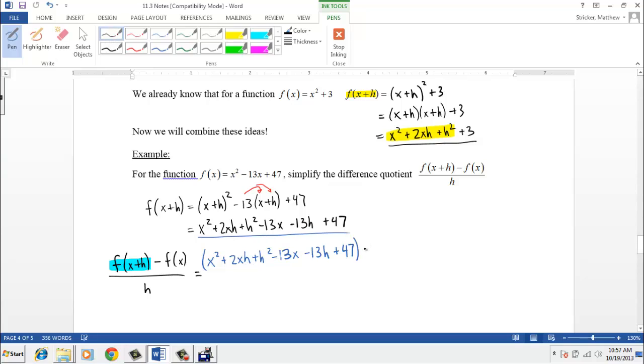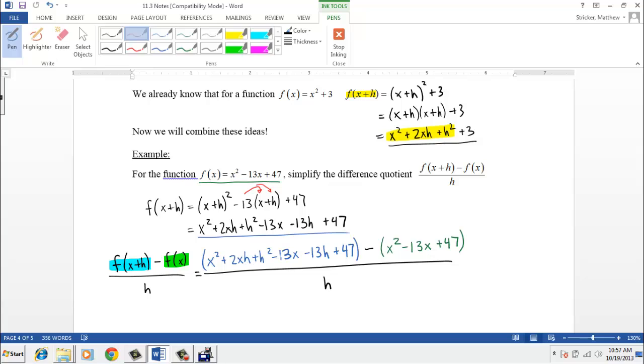Then we're going to subtract away f of x, which was already given to us. F of x is just the regular function without anything done to it. It's the x squared minus 13x plus 47. And then the whole thing is over h.